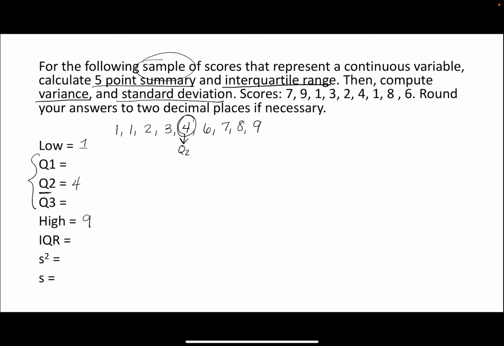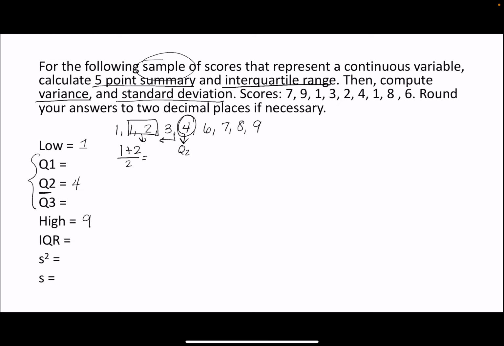Now when we find our Q1, we want to look at the numbers over here and find the middle. Since there are 4 numbers to the left, we're going to take the median of these two, or the average, I'm so sorry: we add 1 plus 2 divided by 2.